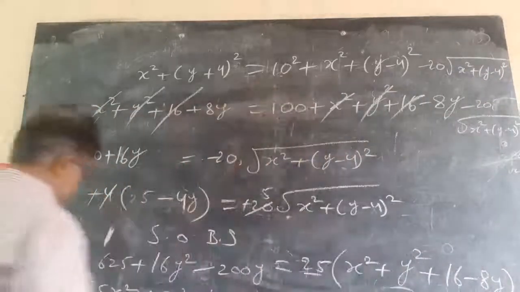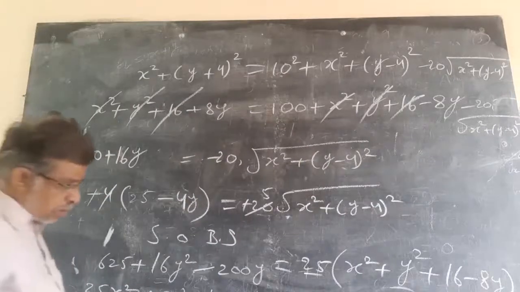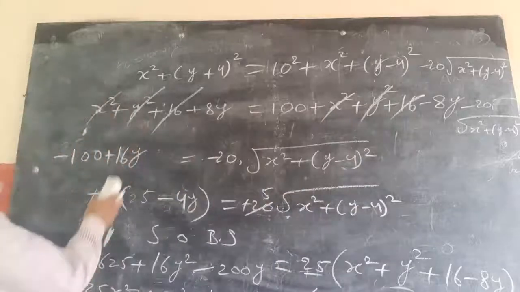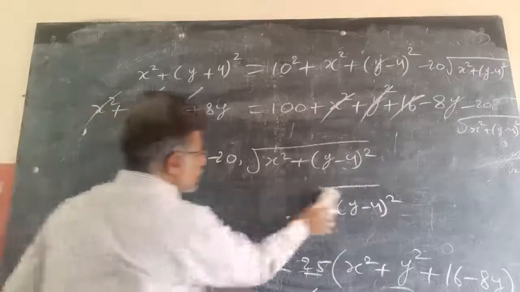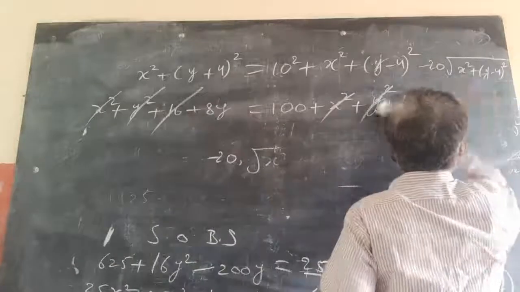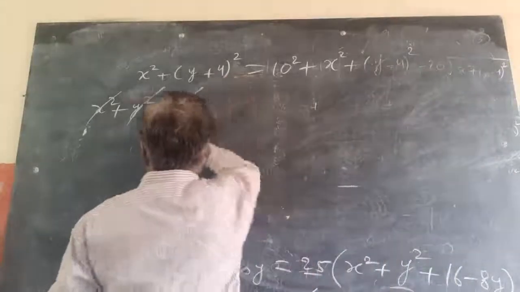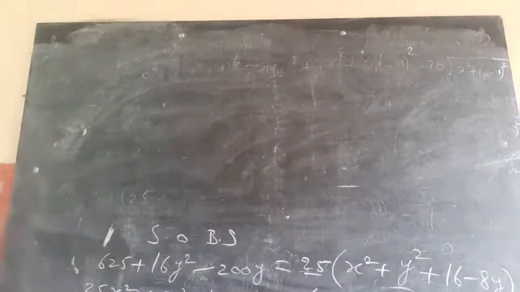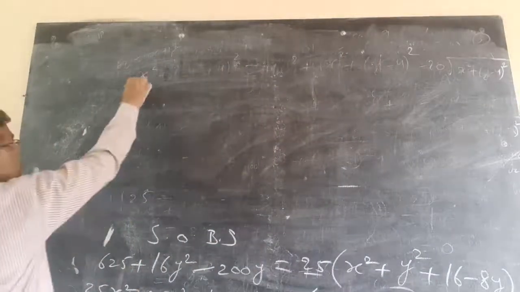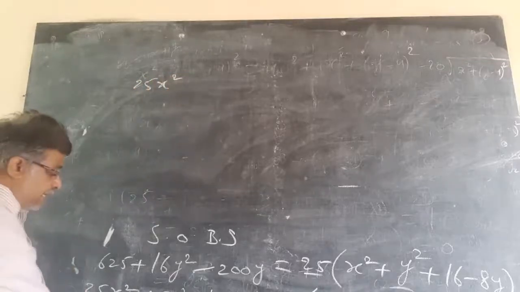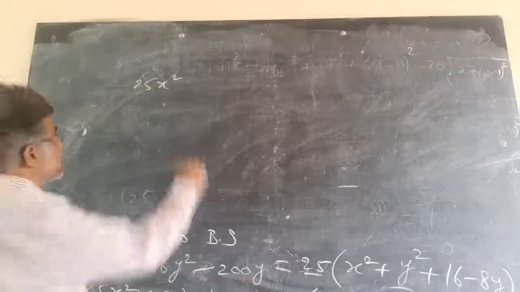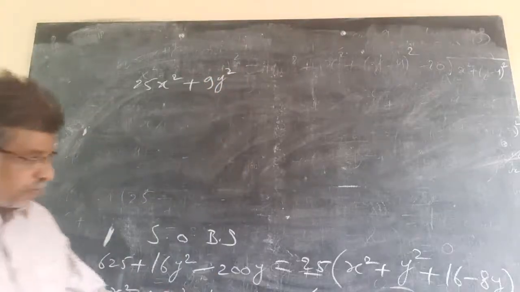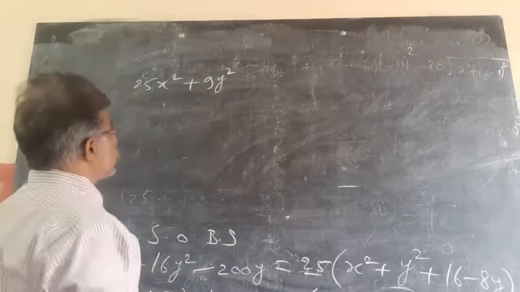Now what is left out: 200y cancels. That's it, nothing more will get cancelled. So what is left out finally? 25x square, 25 minus 16 plus 9y square, 400 minus 625 is minus 225.